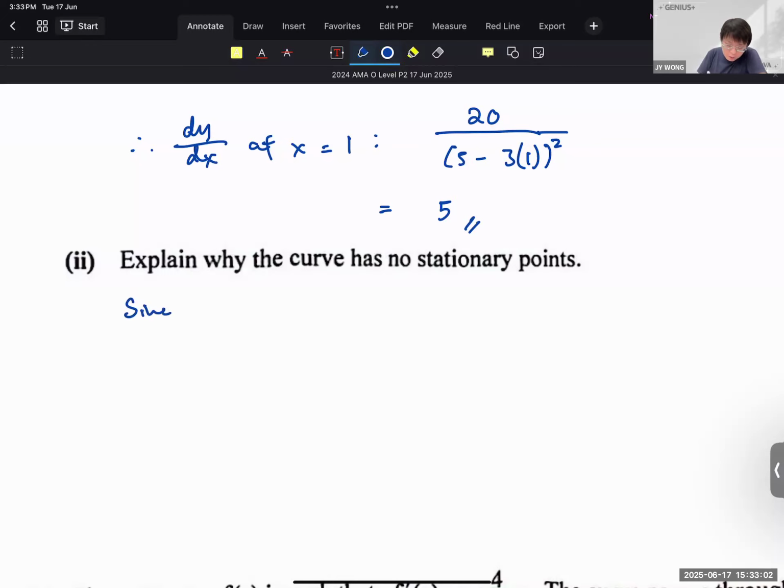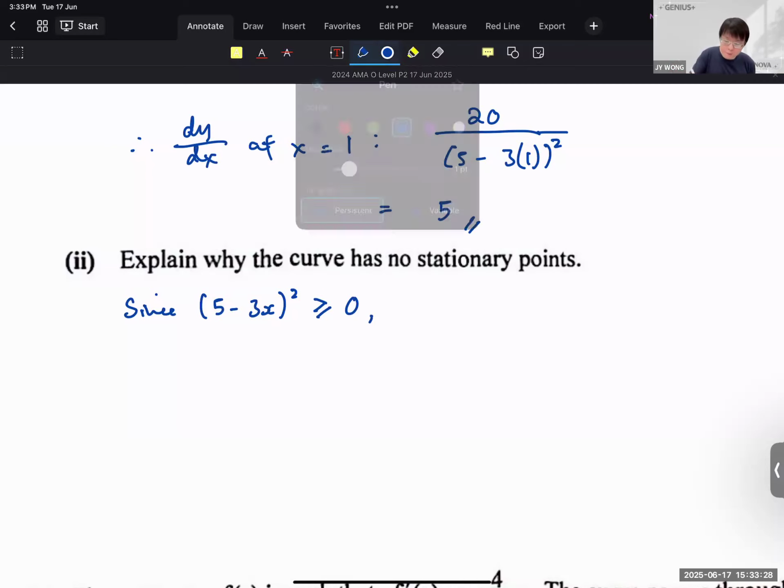So the first thing I will explain is, since (5 minus 3x) squared is always more than or equal to 0, correct? Because it's a perfect square. Wait first. It is always more than 0.